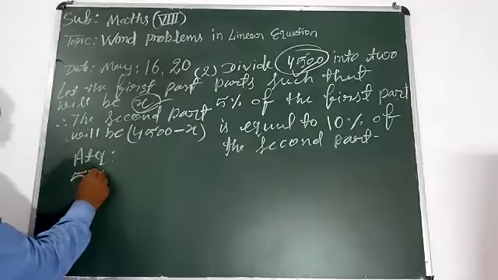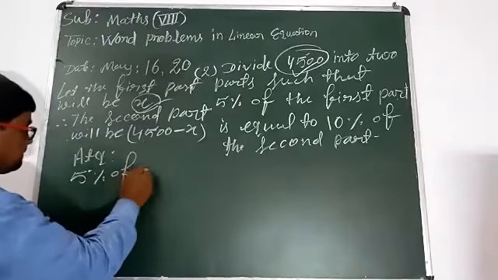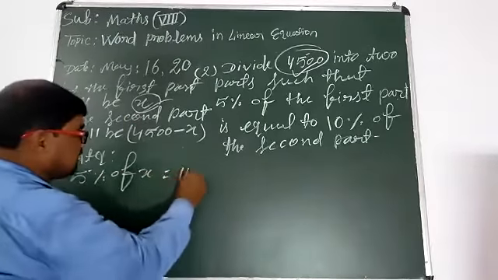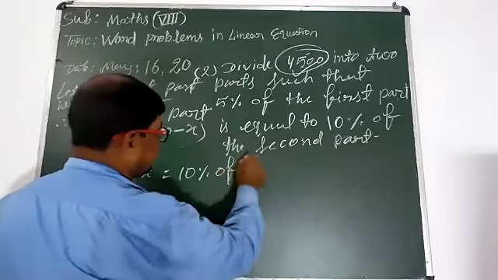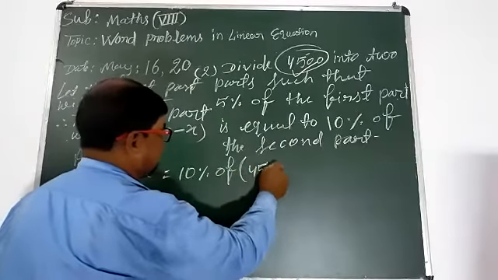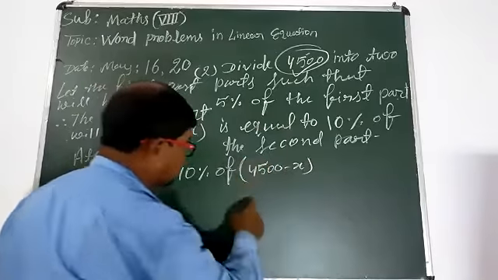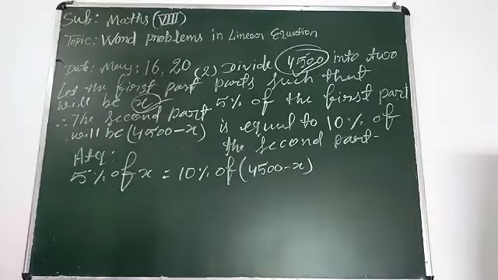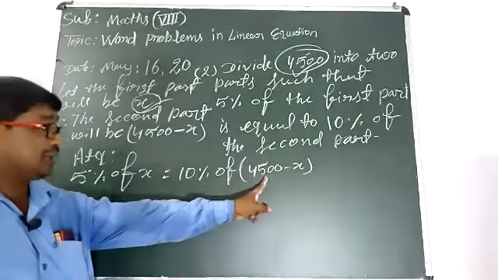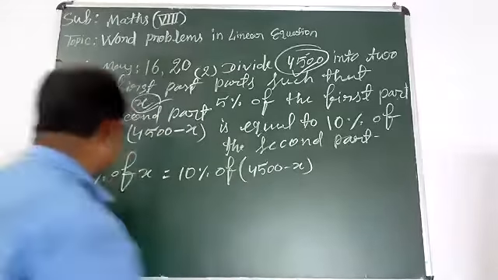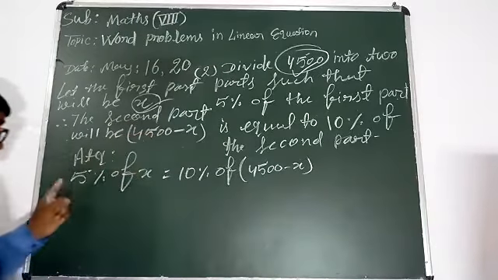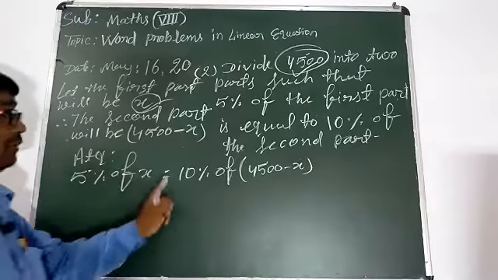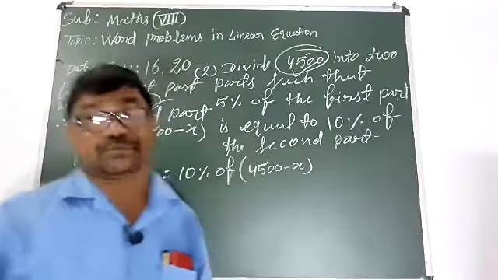So you should write 5% of x equal to 10% of 4,500 minus x, because this is the second part. This is the first part, x, and the condition is 5% of x equal to 10% of the second part.